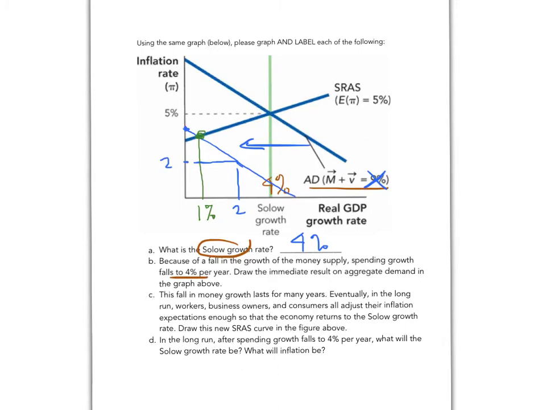Eventually, in the long run, workers, business owners, and consumers all adjust their inflation expectations enough so the economy returns to the Solow growth rate. So the key here is notice that inflation has dropped, and although in the short run prices are sticky, in the long run we'd expect that they would actually adjust. Now what begins to happen is people no longer expect 5% inflation per year, they expect something less.